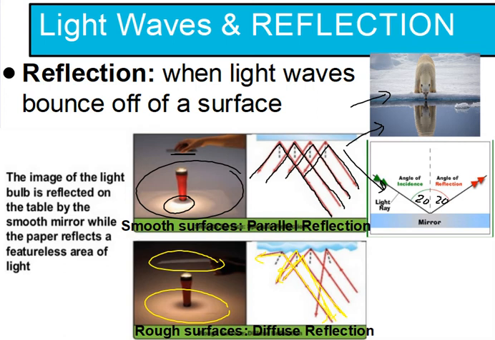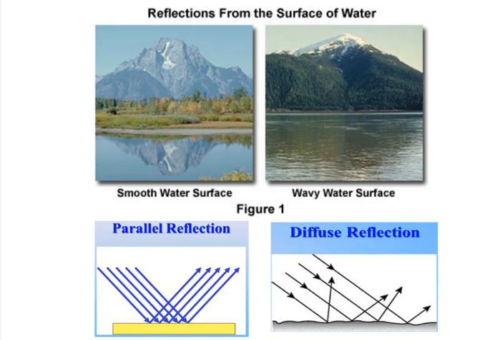If you have ever looked at a body of water and seen, like in this first picture here, a mountain range, and this mountain range looks really beautiful in the water. But then we look at a wavy situation where there's not a still surface, it is disrupted, it is a rough surface, and when we talk about rough surfaces, we get that diffuse reflection.